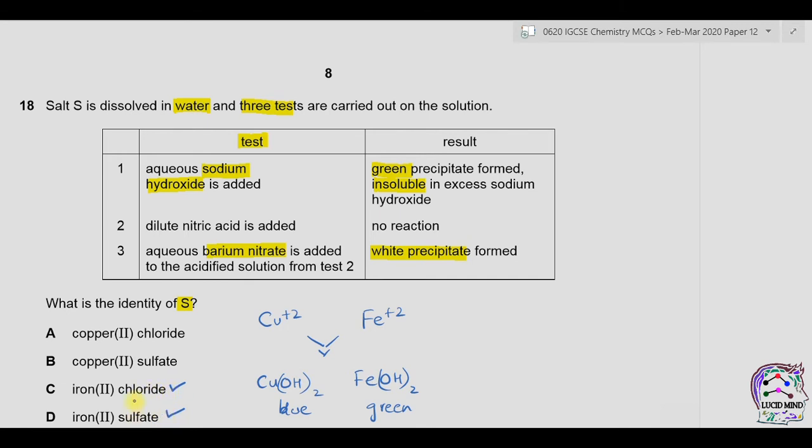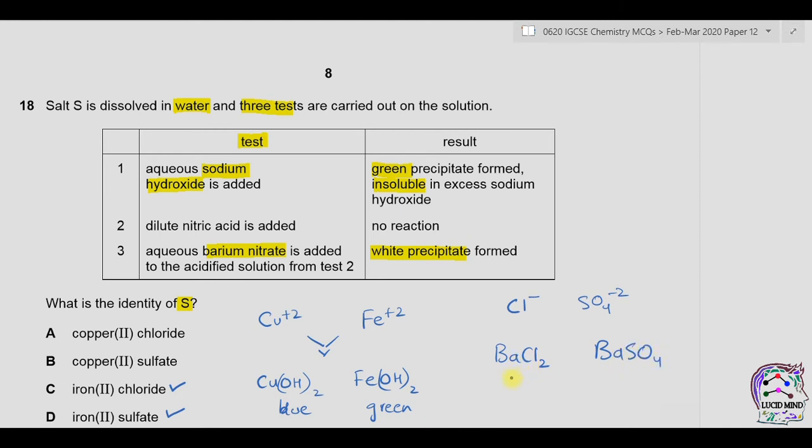Now in C and D we have two types of ions. One is chloride ion and second is sulfate, Cl- and SO4 2-. Now first nitric acid is added and no reaction takes place, and then barium nitrate is added and white precipitate is formed. So barium will react with chlorine to form barium chloride in case of iron 2 chloride, and barium will react with sulfate to form barium sulfate.